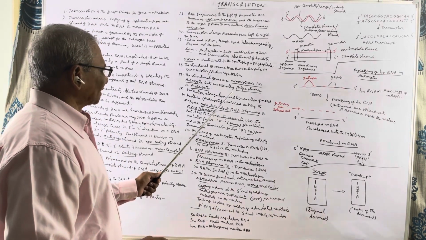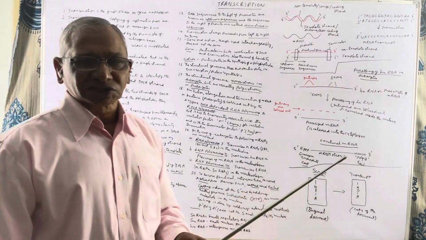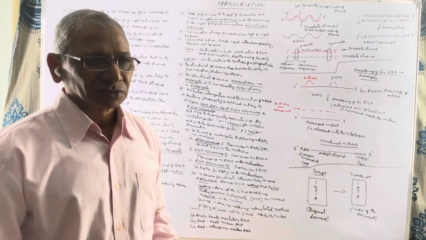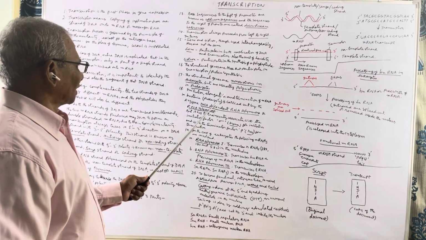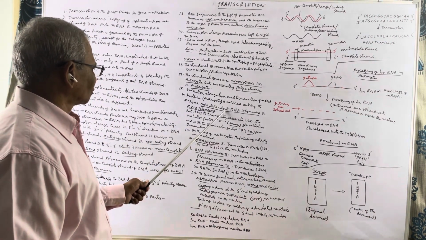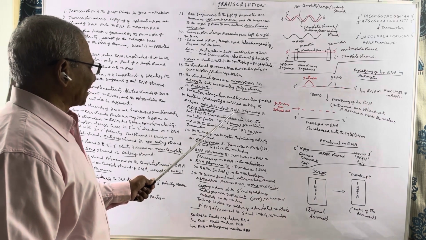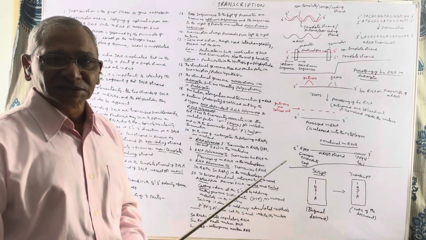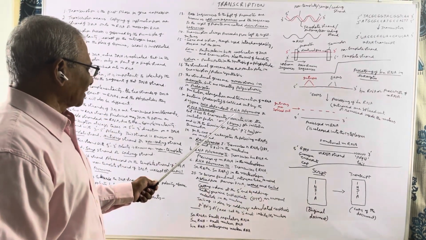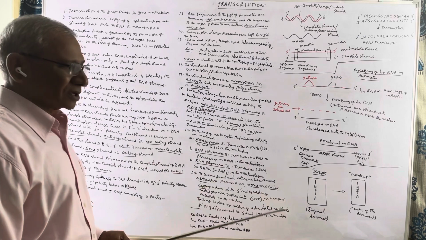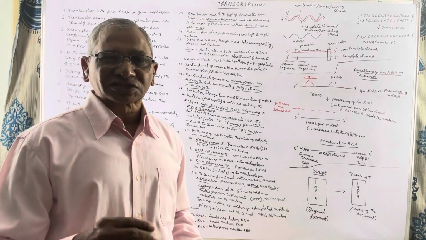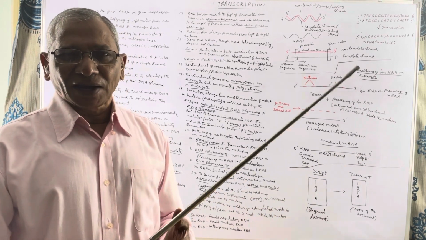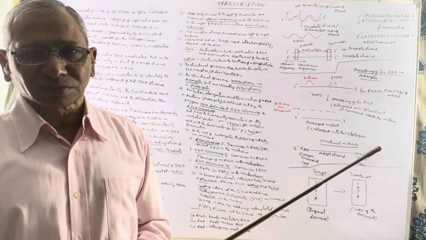Then the enzymes involved in transcription are also different in prokaryotes and eukaryotes. In prokaryotes, there is one enzyme known as DNA-dependent RNA polymerase, or simply RNA polymerase. This enzyme is involved in all the three processes of transcription, that is, initiation, elongation, and termination of the mRNA molecule.